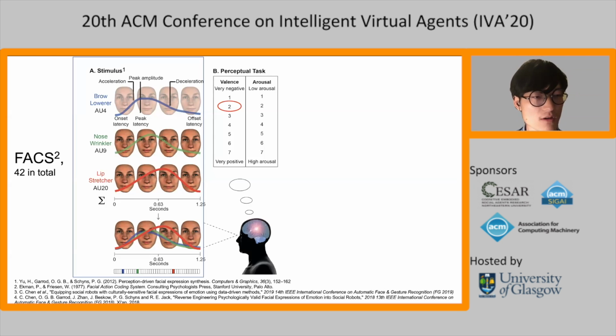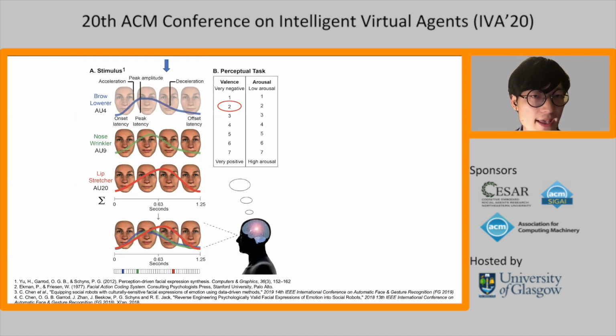And we have 42 AUs in total. For each AU, we have different temporal parameters: acceleration, peak amplitude, deceleration, peak latency, etc., to control the dynamic features of different action units but keep the movement itself the same.